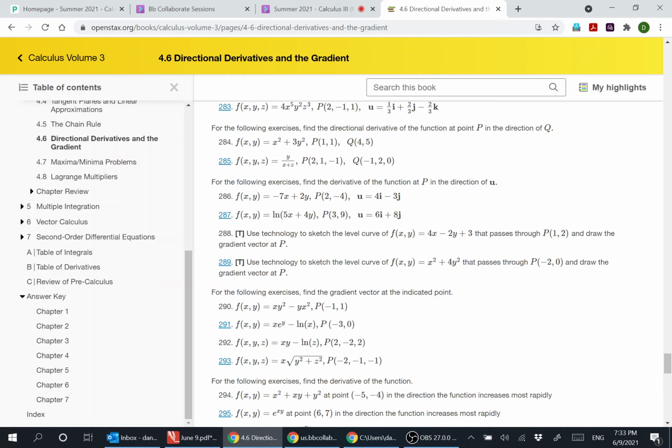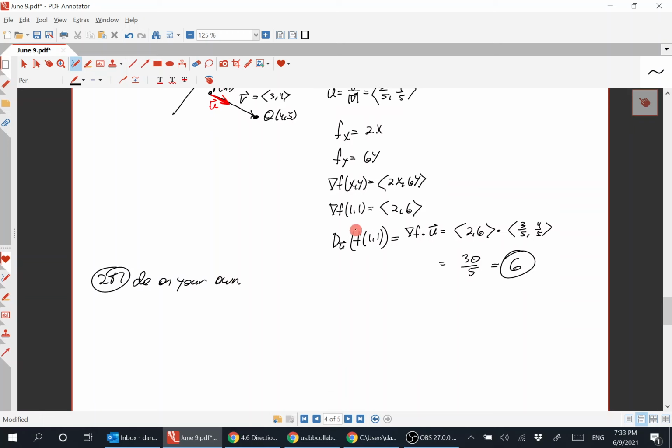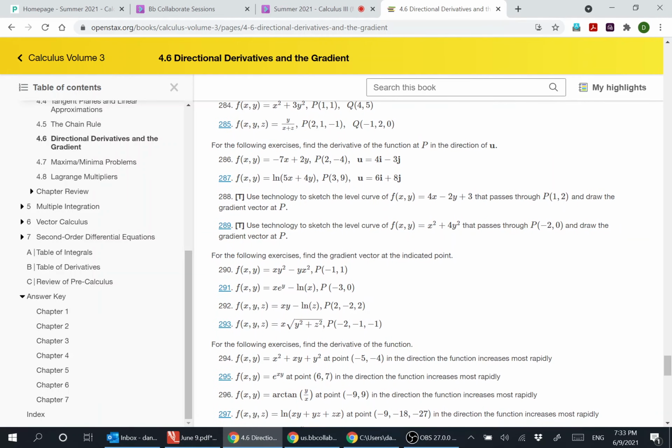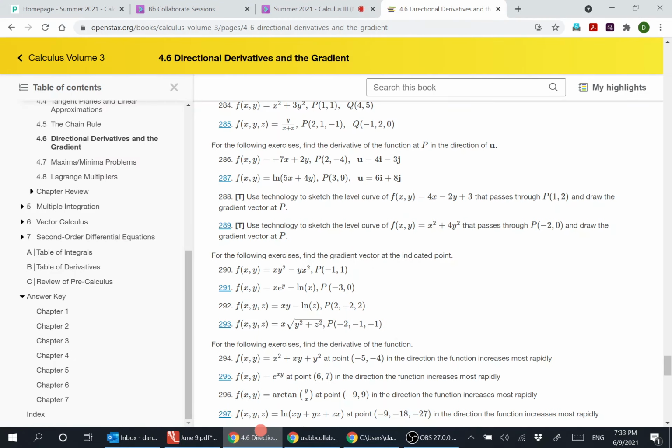So 287, more of the same. Do on your own. 291, 294.